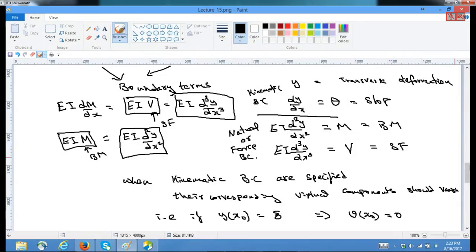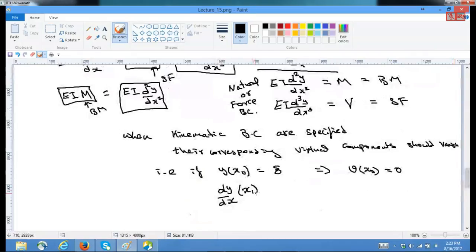Similarly, kinematic boundary conditions are of two variants: dy by dx at x1 is equal to alpha implies dv by dx at x1 should vanish, meaning 0. They should be zeros.